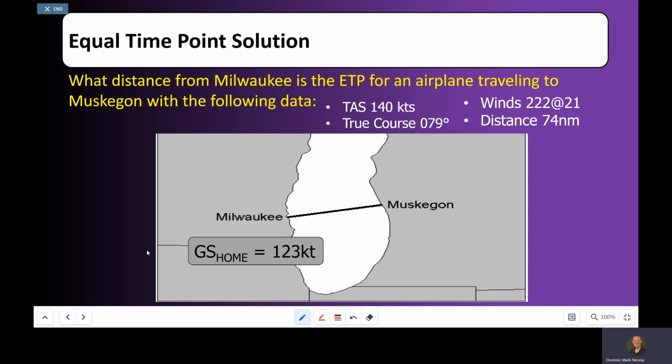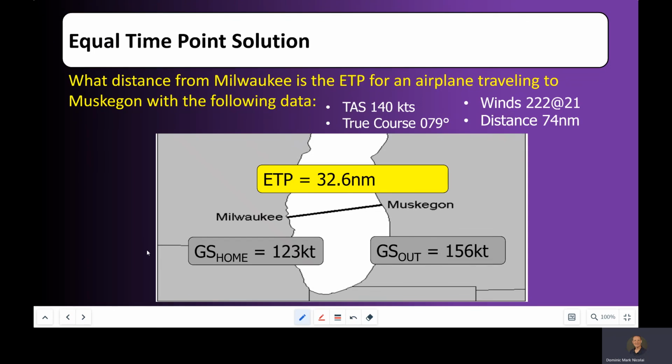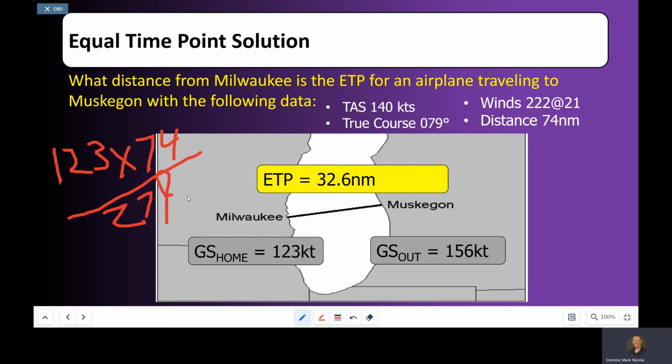So when we set this up, you'd be looking at 123 for your ground speed home times 74, and divide that by 279. And that's going to equal about 32.6, 32.7. There we go.